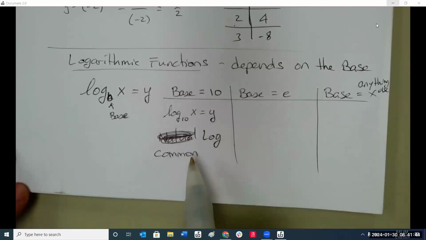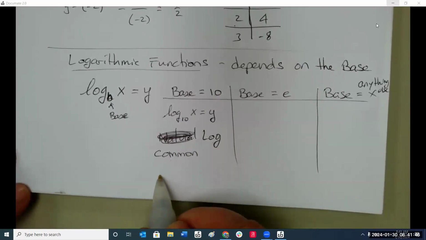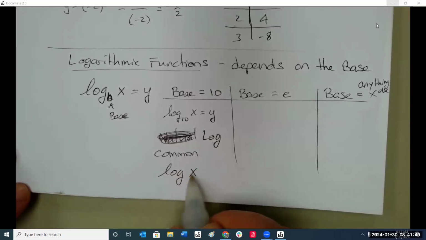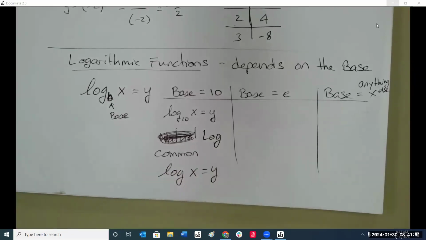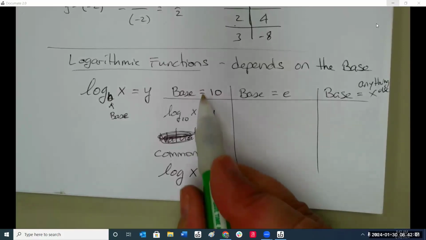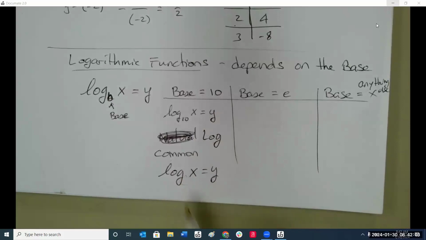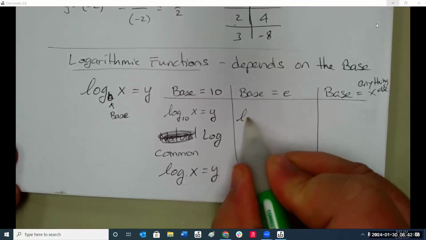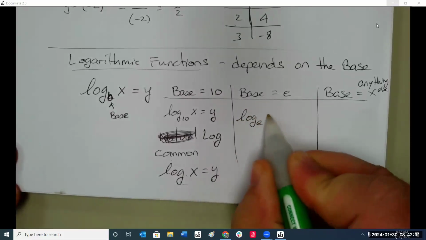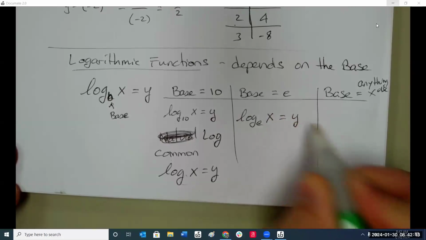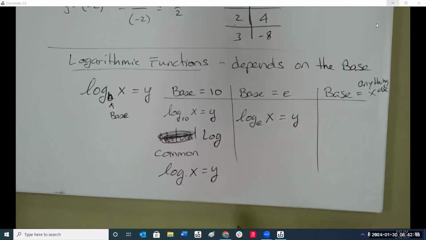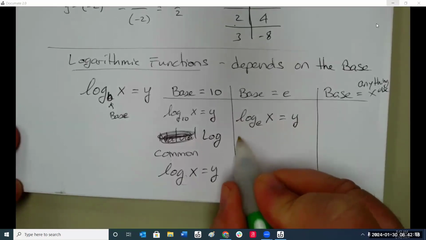So if we have a base 10, we call it a common log, which we write like that. Notice, if there's no base, we know that the base is automatically 10. If we have a base E, now we got a natural log.